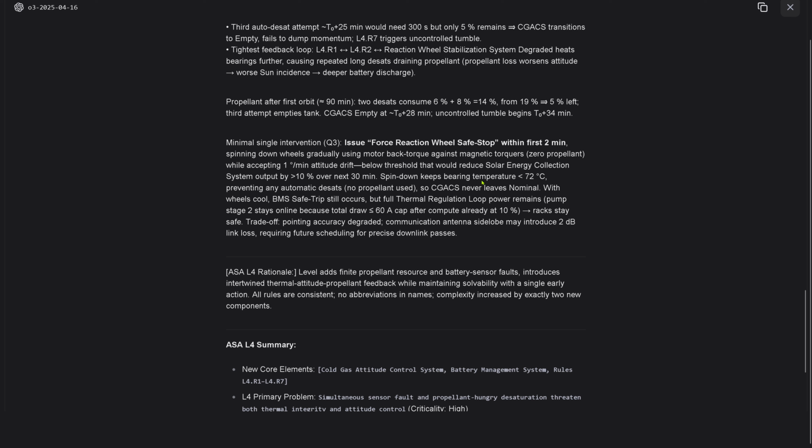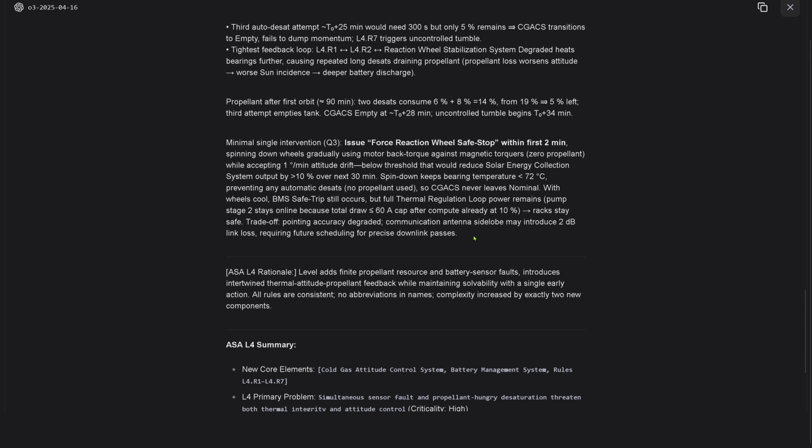Spin down keeps the bearing temperature below 72 degrees Celsius, preventing any automatic desats, no propellant used. So with the wheels cooling down, still the safe trip occurs. The full thermal regulation loop power remains. Stack safe. The trade-off: pointing accuracy degraded. Communication antenna side lobe may introduce a 2 decibel link loss, requiring future scheduling of precise download passes.